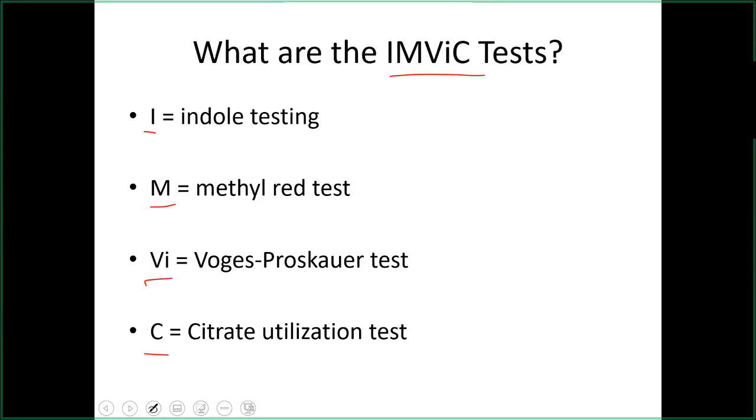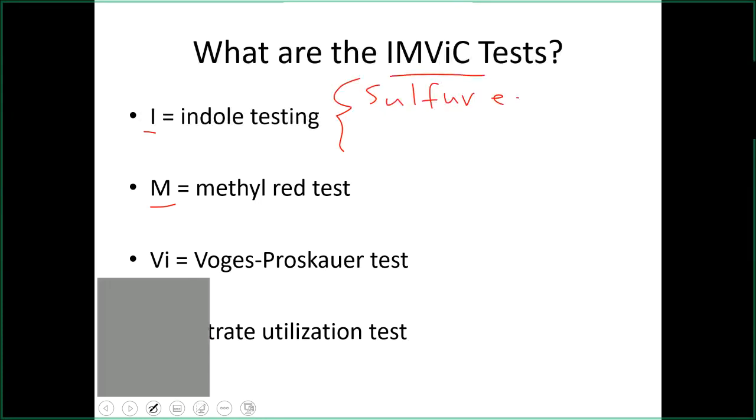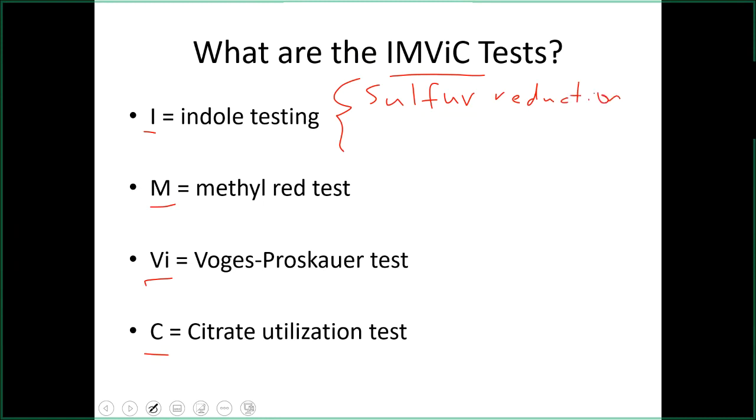Some other things that we get with indole testing: we can also see whether the organism is a sulfur reducer. We test for sulfur reduction, and we also test for motility, which is the organism's ability to move, indicating that it's flagellated.